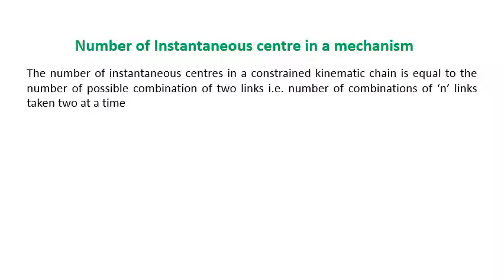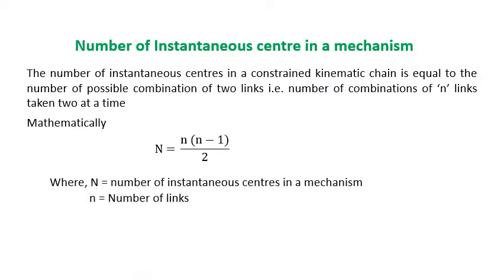Therefore the number of instantaneous centers in a mechanism which has n links will be equal to the possible pairs of two links taken at a time. So mathematically, the number of instantaneous centers in a mechanism is given by capital N is equal to small n into n minus 1 divided by 2. Here in the above equation, capital N represents the number of instantaneous centers in a mechanism, and small n represents the number of links.